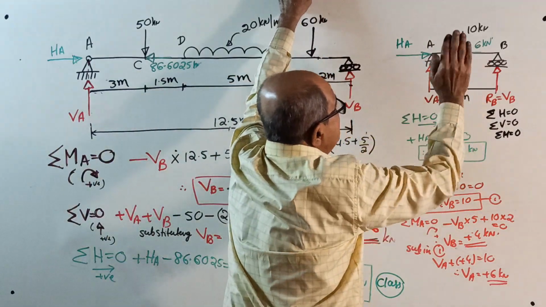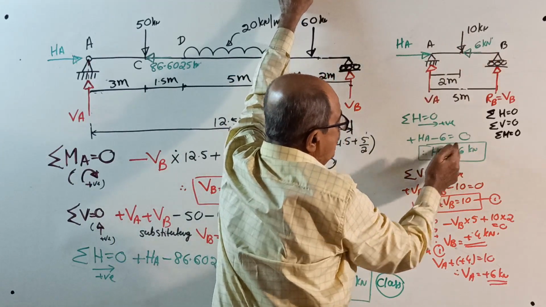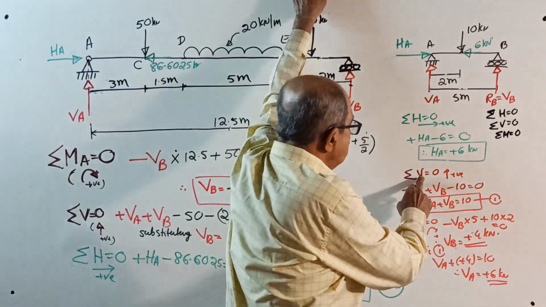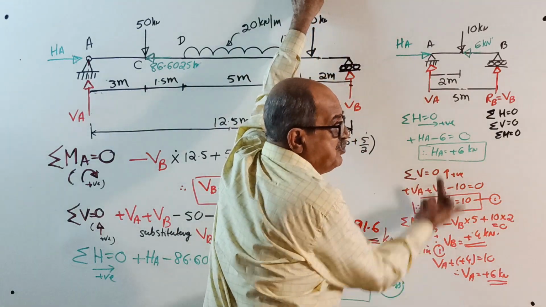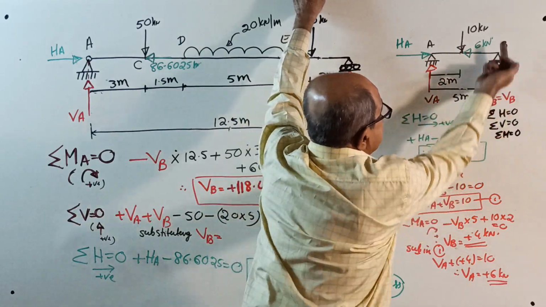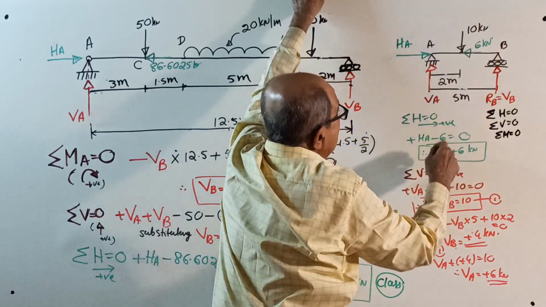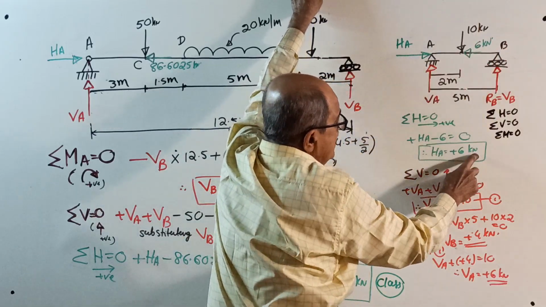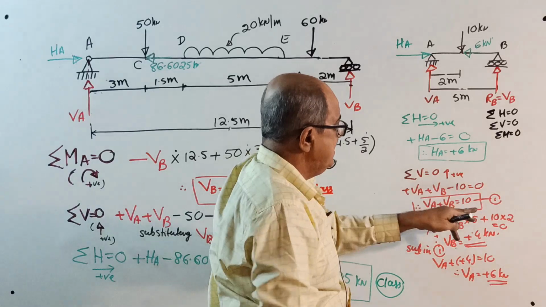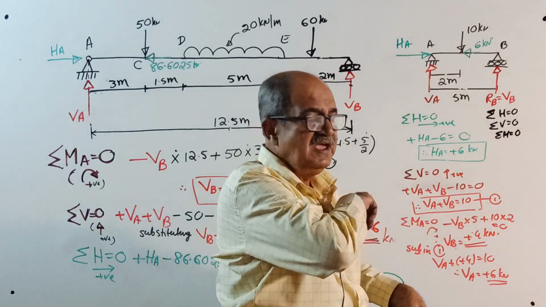So plus HA minus 6 equal to 0, HA will come plus 6 kilonewton. Then sigma V equal to 0, I will take upward positive. Only forces: plus VA plus VB minus 10, that green color will not come, equal to 0. You will get VA plus VB equal to plus 10. Call this equation number 1.